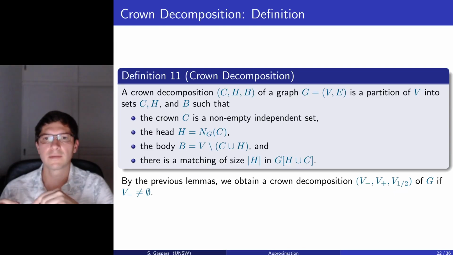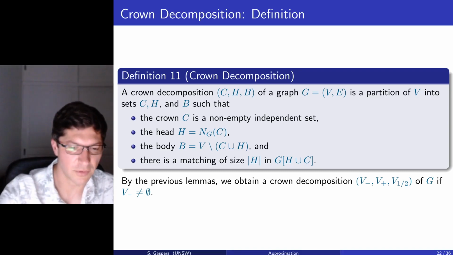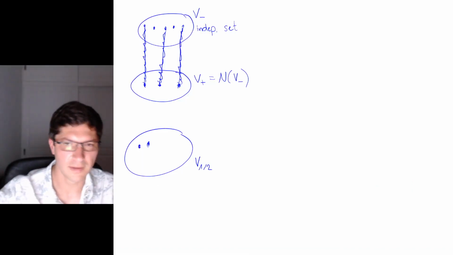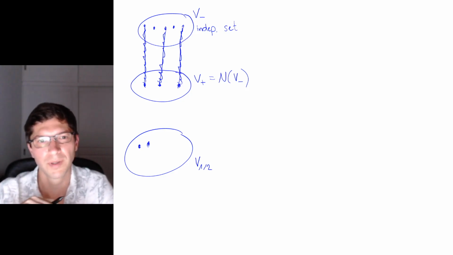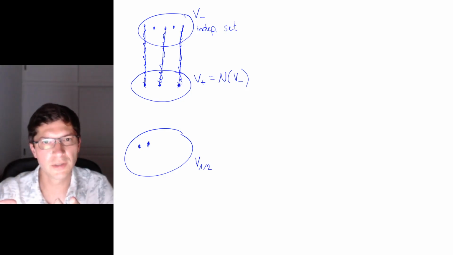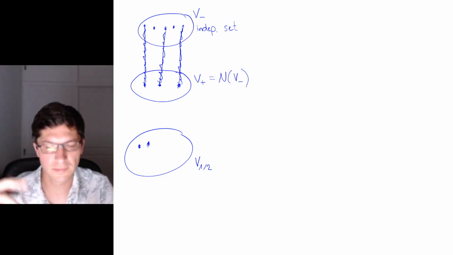So next I want to define Quown decompositions. What's a Quown decomposition of a graph? It's a partition of the vertex set of the graph into 3 parts.